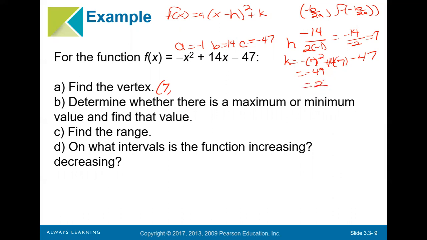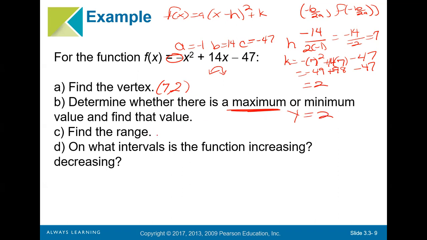I just want to check my work. It doesn't hurt. So I got -49 plus 98 minus 47. 2. So now I know my vertex. I know that the parabola opens downward because of that negative sign on the x squared term. So I'm going to have a maximum, and it's going to be when y equals 2.